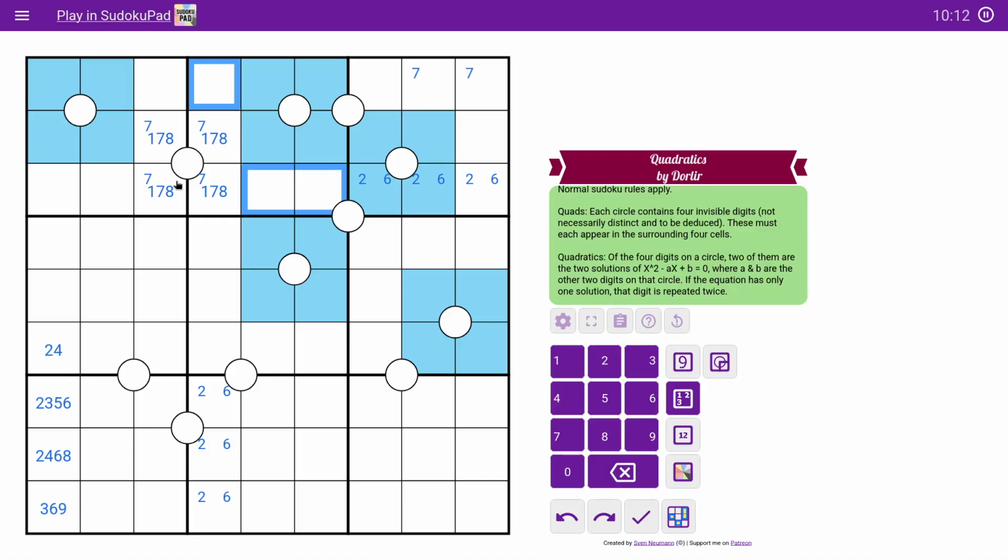What did I say? 1, 4, 9? Because this is 7, 8, and this is 2, 3, 5, 6, either here or in this box. 1, 4, 9. Is there a problem with this being 1, 4, 9? I don't see it. Seems perfectly fine.